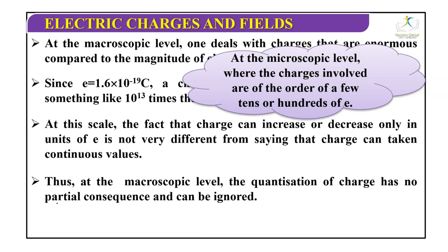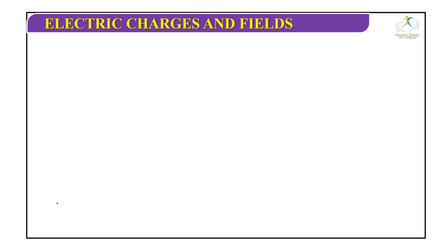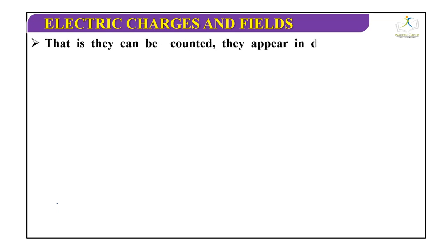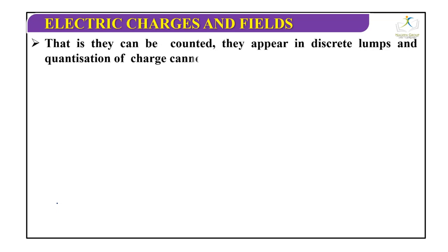At the microscopic level, where the charges involved are of the order of a few tens or hundreds of electrons, they can be counted, they appear in discrete lumps, and quantization of charge cannot be ignored.